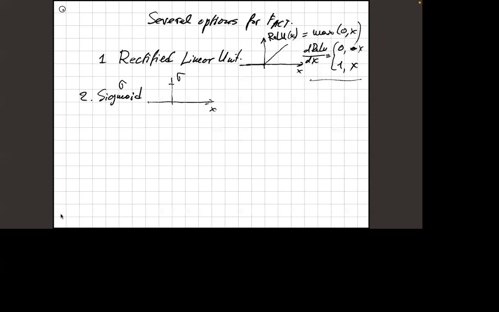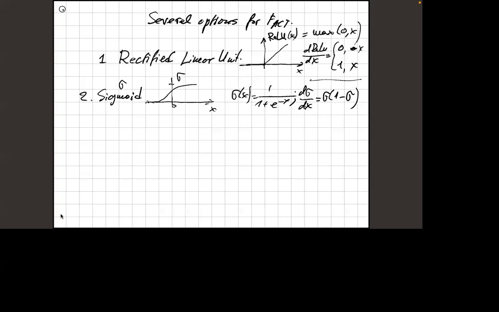It is bounded by 1, and it goes smoothly like this, with 0.5 here, and it is defined as sigma(x) = 1 over 1 plus e to the minus x. And the interesting thing is that d sigma/dx is sigma multiplied by 1 minus sigma. You can check it yourself.